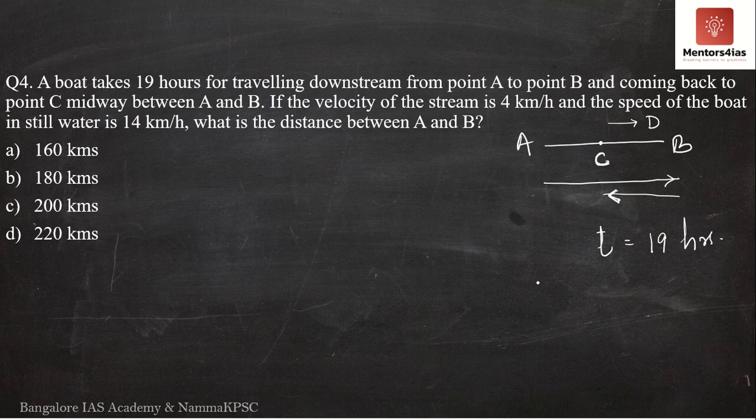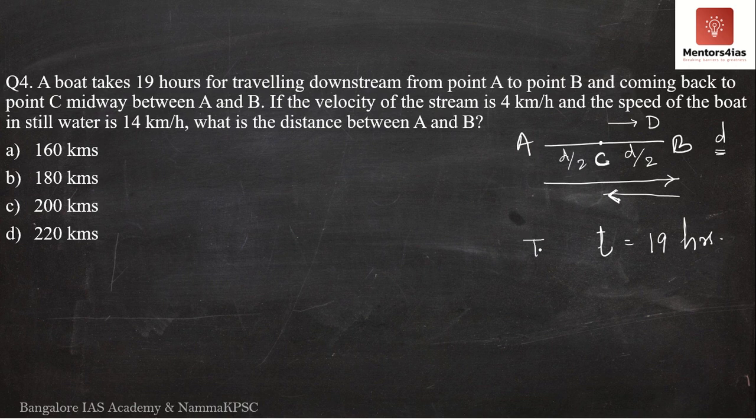Now, if I say let the distance between A to B be D, then from B to C, what will be the distance? It will be D by 2. AC will be D by 2.